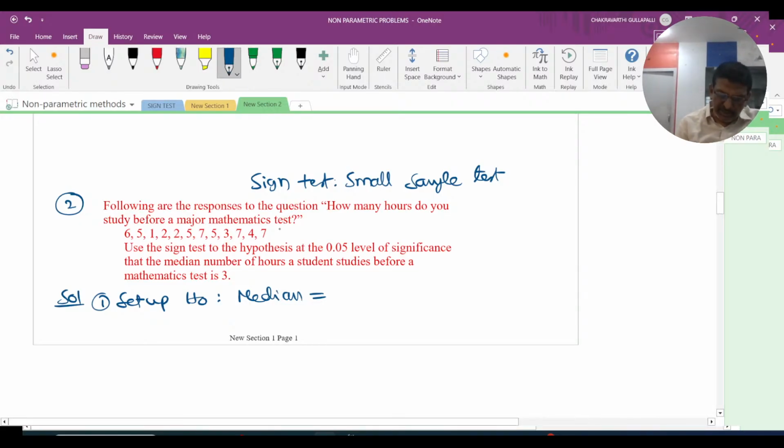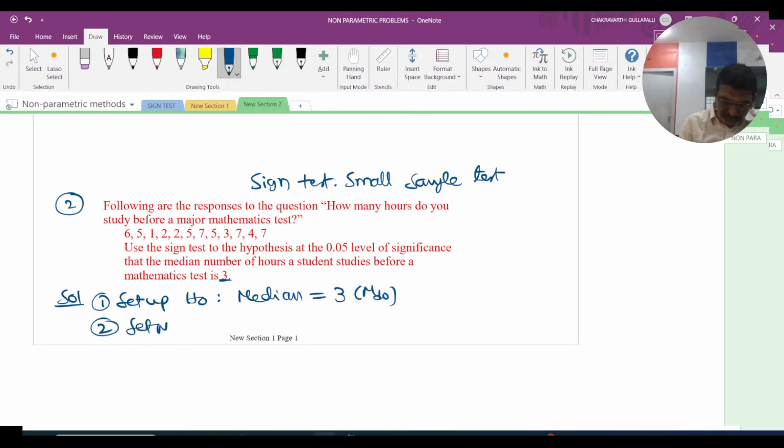Several samples are collected, 12 samples in all. Use the sign test to test the hypothesis at the 5% LOS. The median number of hours a student studies before a mathematics test is 3. That is the specified value, MD naught.